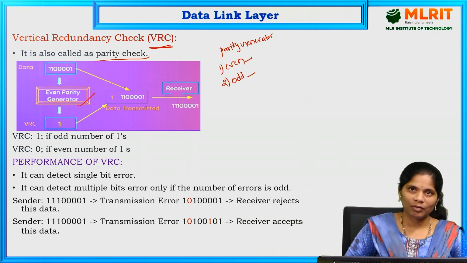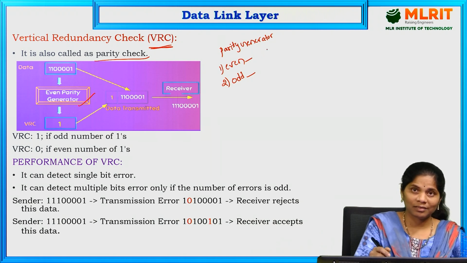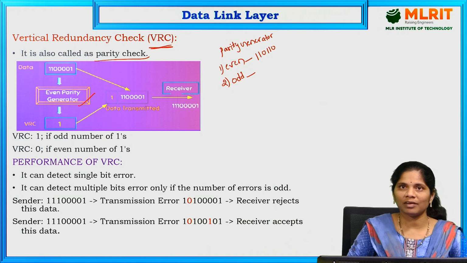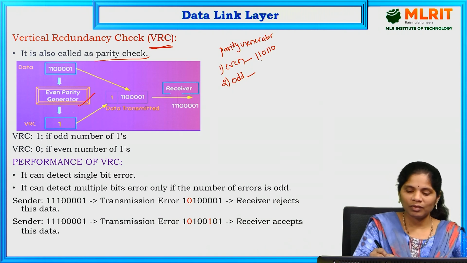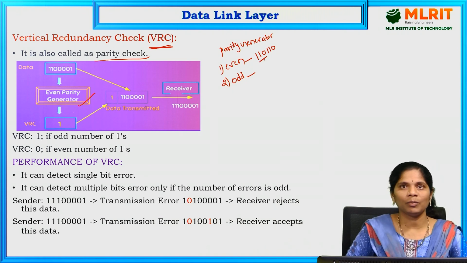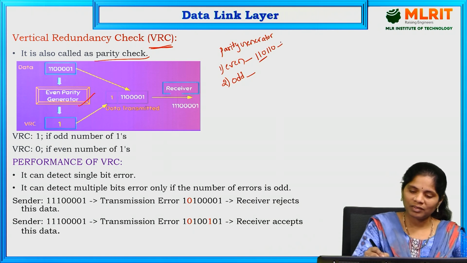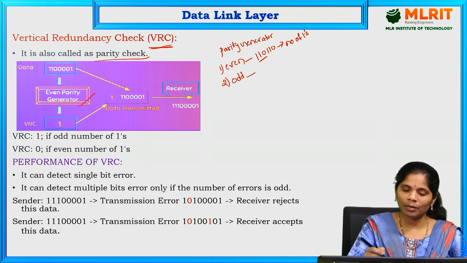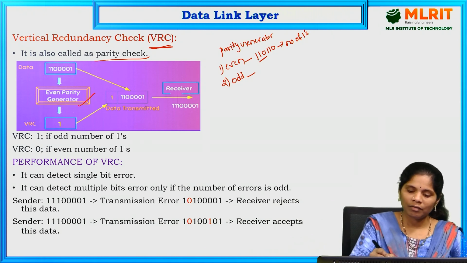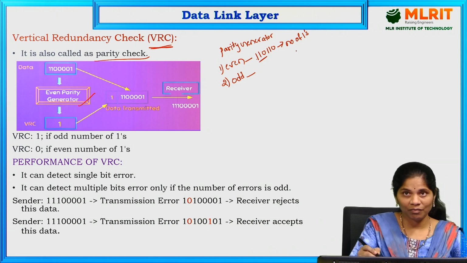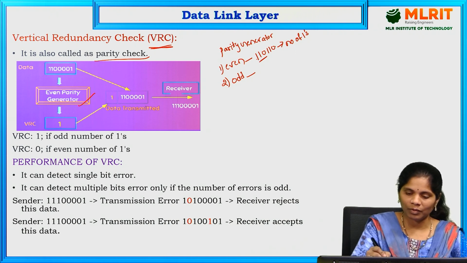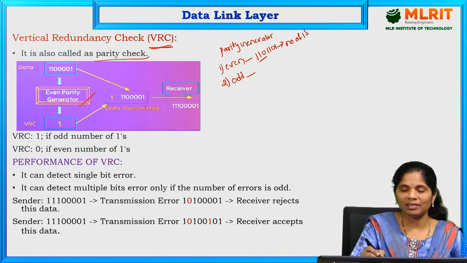If it is even parity, suppose we consider the original data is 110, like this. Based on this original data, we will work out even parity and odd parity. We check the number of ones in this particular data.